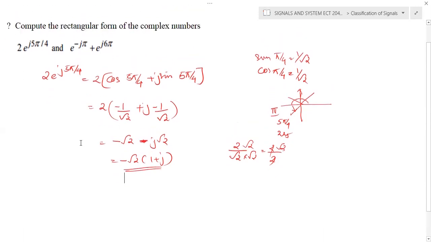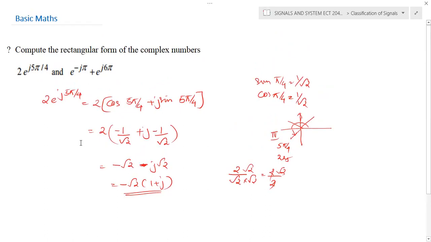Now we need to write the next term, that is e raised to minus j pi plus e raised to j 6 pi. So we can write cos pi minus j sine pi is one term, and the second term becomes cos 6 pi plus j sine 6 pi.